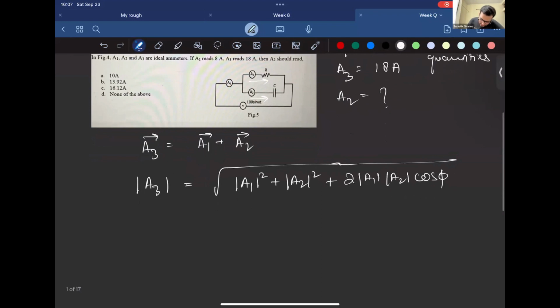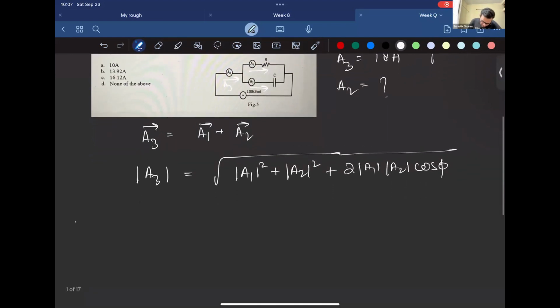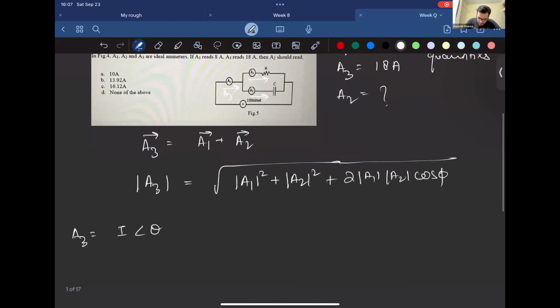Let's assume that whatever current A3 was feeding into that branch, let it be some I angle theta. Now, this R won't produce any phase difference, so A1 is going to be some I dash angle theta.